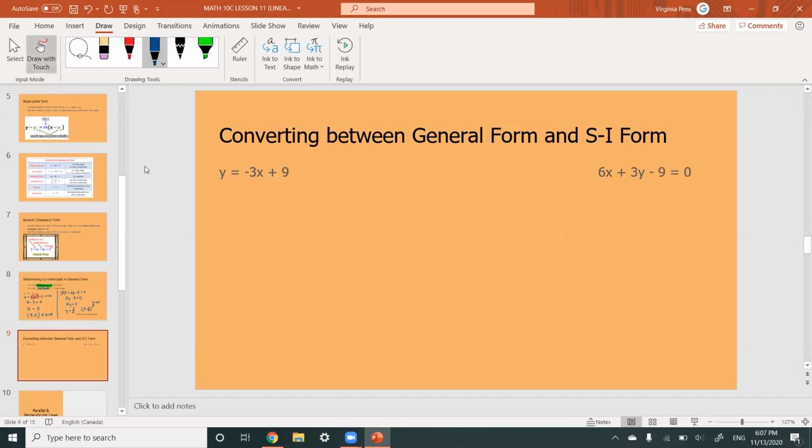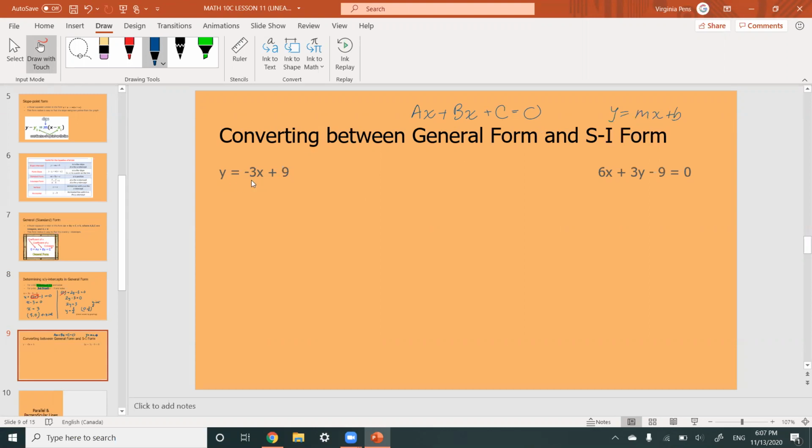Recall that slope-intercept form is written as y equals mx plus b, and general form is written as ax plus by plus c is equal to 0, right? So the first equation follows the slope-intercept form.